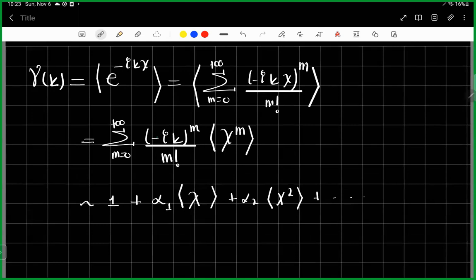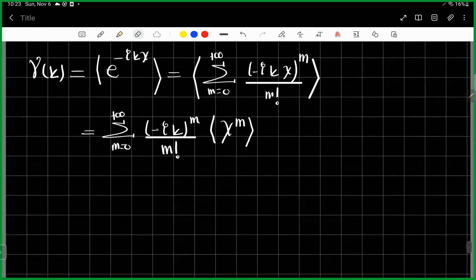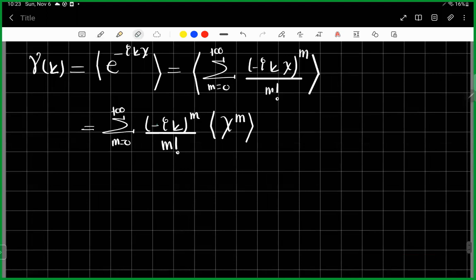Then, of course, if we want to evaluate the moment, just translated by a quantity x0, what we have to do is this. Let's consider e to the I k x0 times the gamma of k.